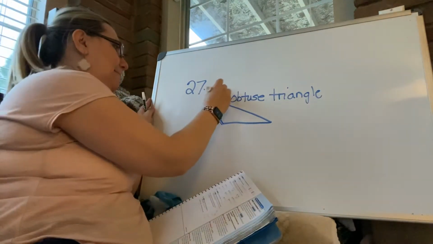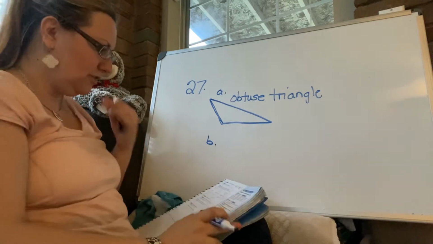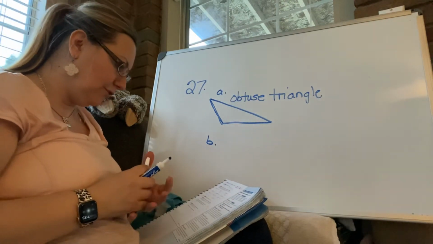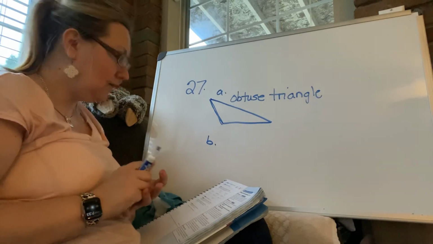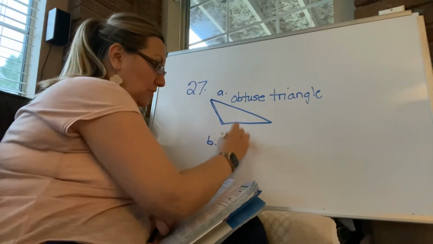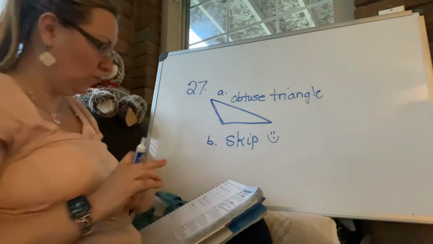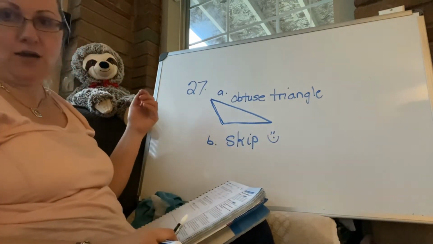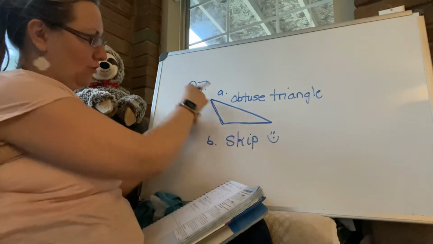Okay, now let's see. That was letter A. Letter B wants us to describe the segments of the obtuse angle. We're going to skip that one. If you want to know what that is, we would have talked about the fact that the segments do intersect. They do cross one another.